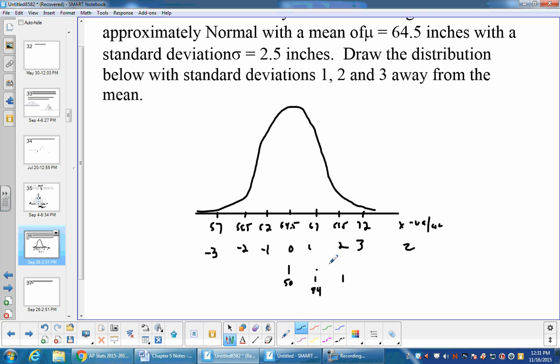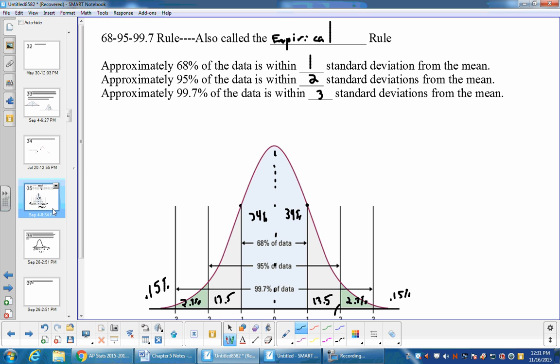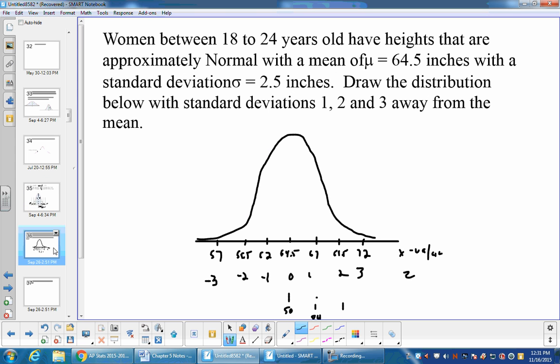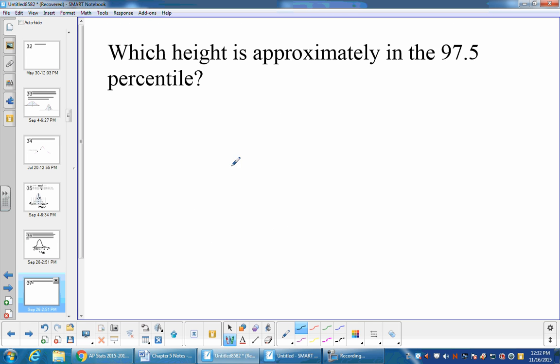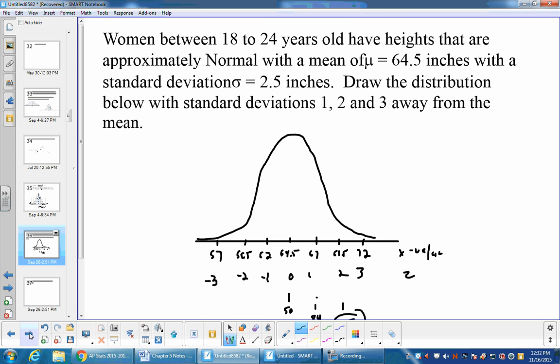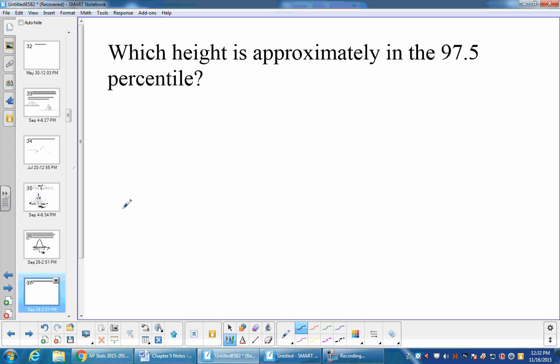So we have to keep going. We're going to have to add another 13.5. So if I add 13.5, I get up to 97.5. This is the 97.5th percentile. So that means that the 97.5th percentile is 69.5. I have to read my own writing. Inches.